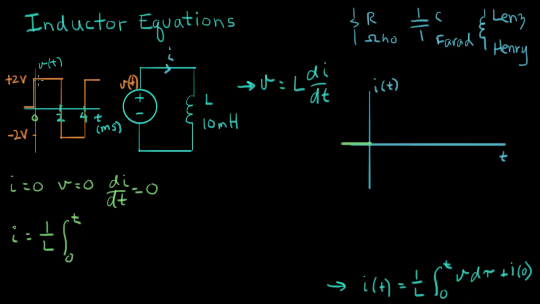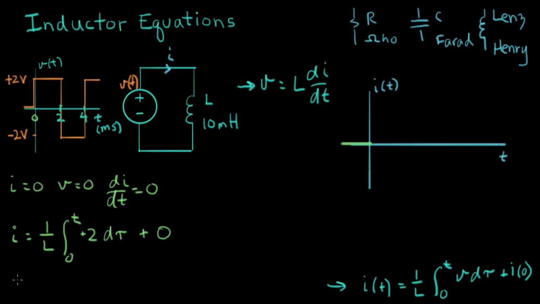Now V in this little region of time here is 2 volts, so 2 times d tau, plus I0. And we decided I0 was the current that it started at right there. I0 is 0.